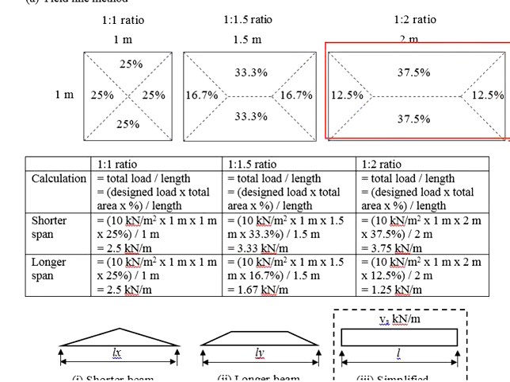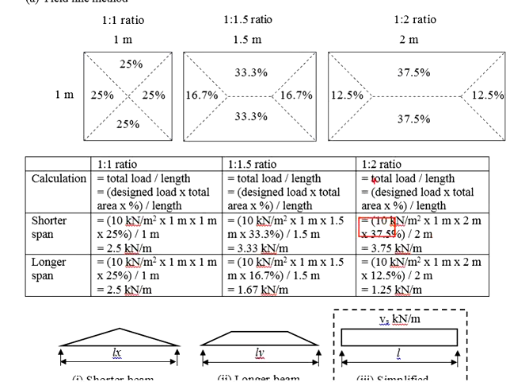As for this slab, you want to calculate the UDL acting on the beam here. Your design load 10 kilonewton per meter square, multiply the total area, which is 1 meter times 2 meters, and multiply the percentage, 37.5%.